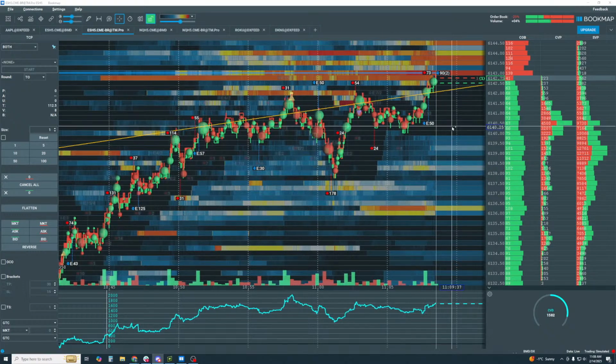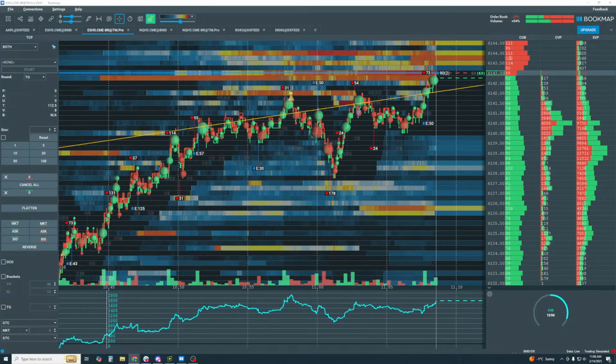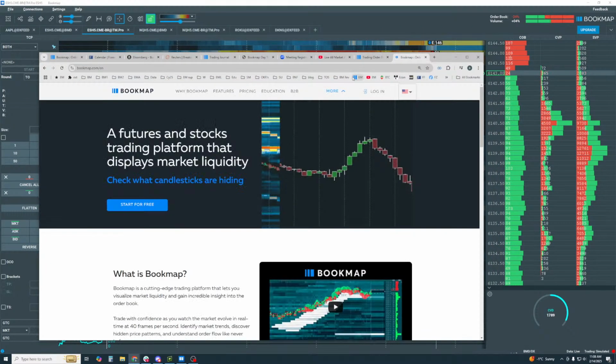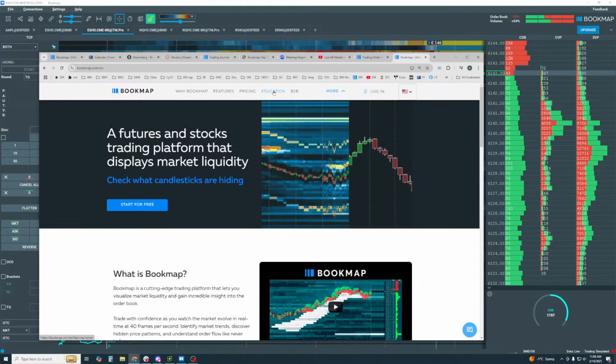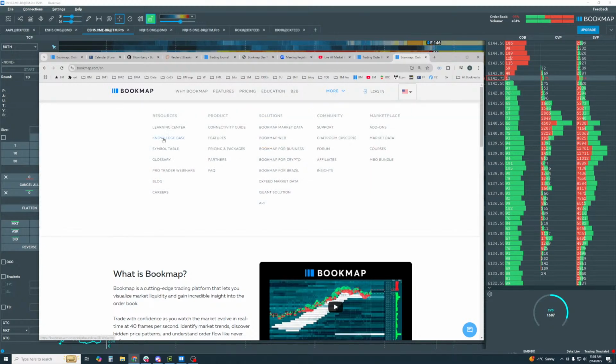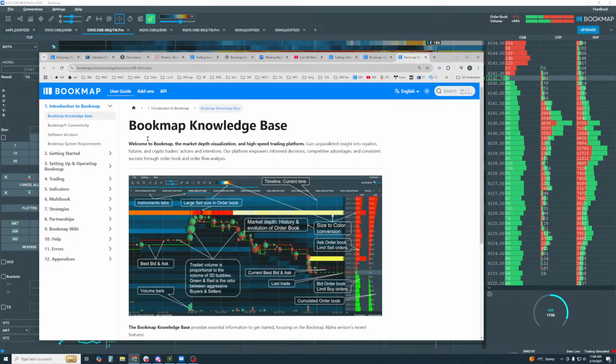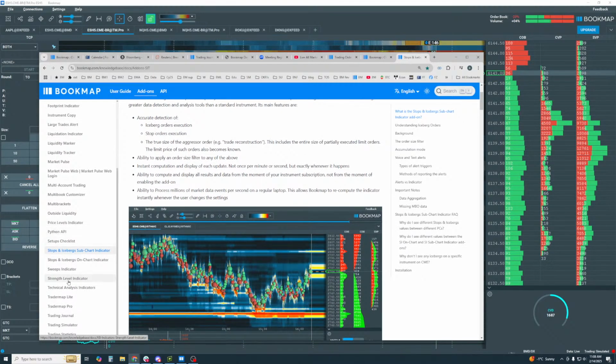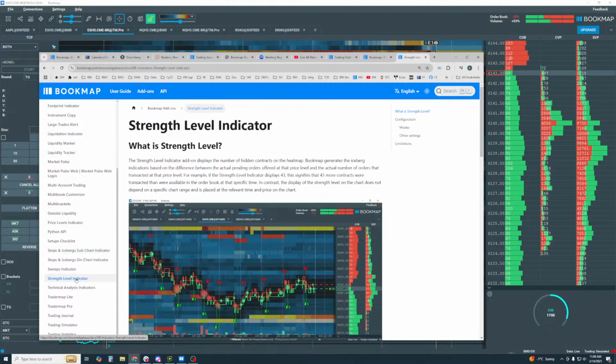So in fact, let me show you where you can find out more information about that to begin with. Okay, bookmap.com, and you can either go through the Learning Center and Education here, or you can click on the More button and go to the knowledge base here, and then we're going to look at add-ons. Okay, and we're going to scroll down here and look for the strength level indicator here.